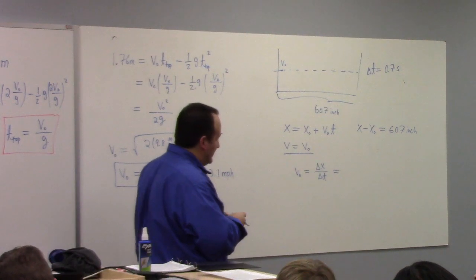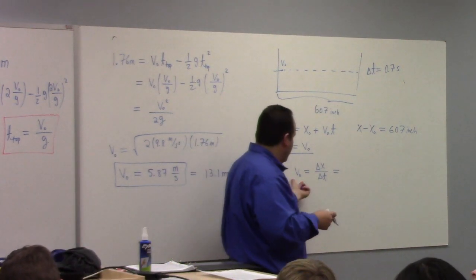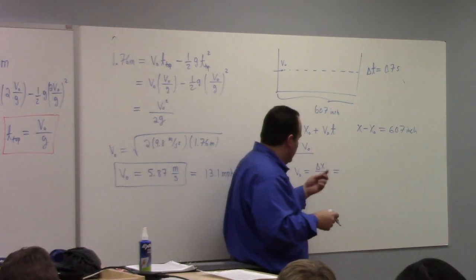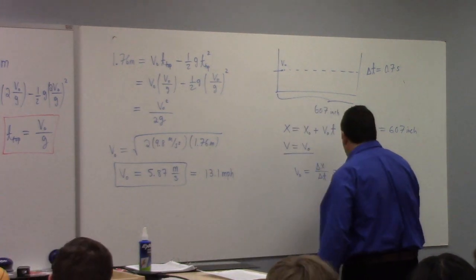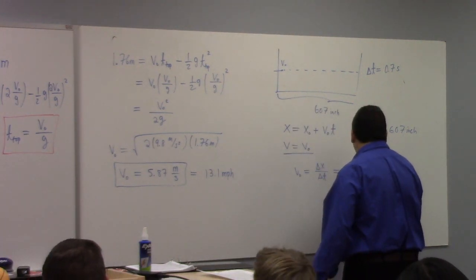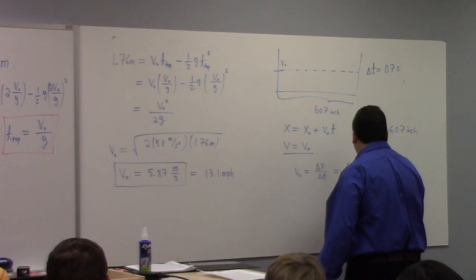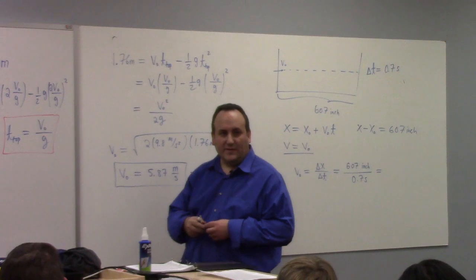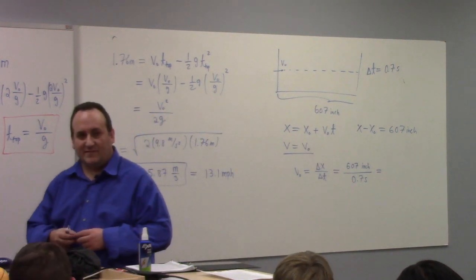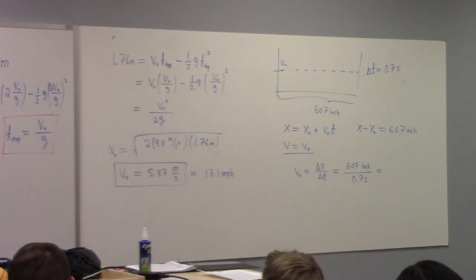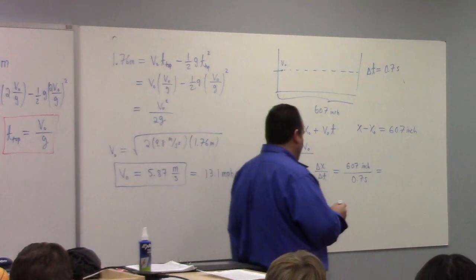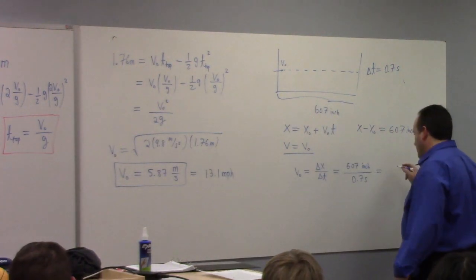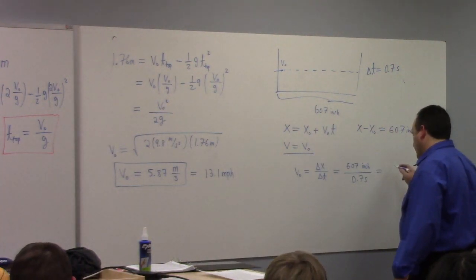The velocity is constant, so I can get the velocity of the bullet by just taking the total change in position over the change in time, which in this case would be 607 inches divided by, well, we agreed, 0.7 seconds. I don't know if that's actually reasonable or not, and that will give you a completely meaningless inches per second estimate of the speed of the bullets coming out of this gun, right? How can we convert that to something more interesting? Change inches to meters? Sure.